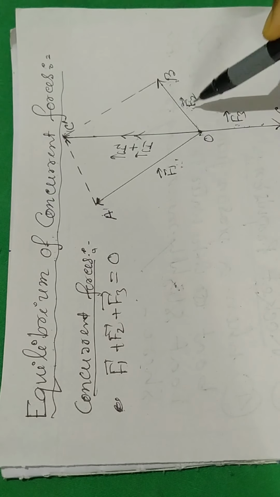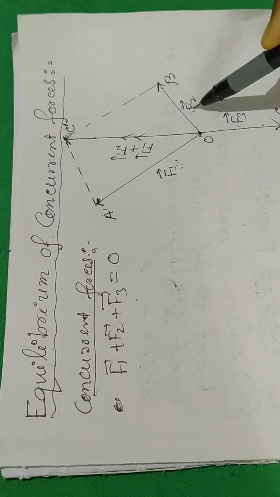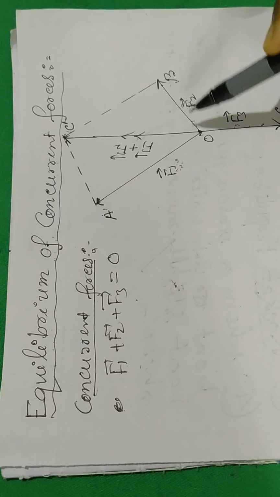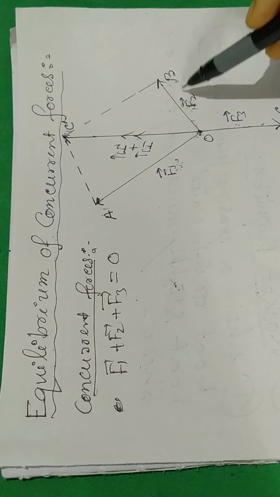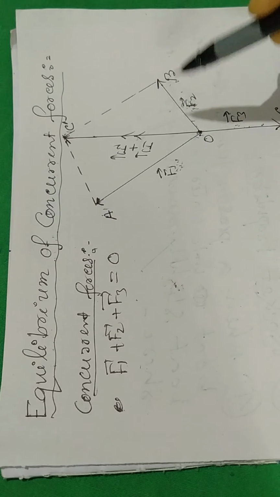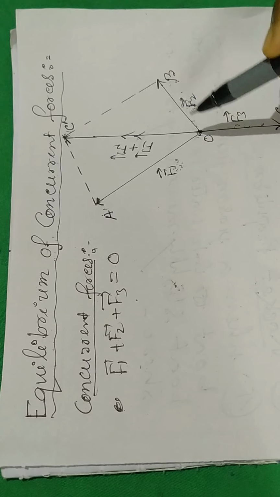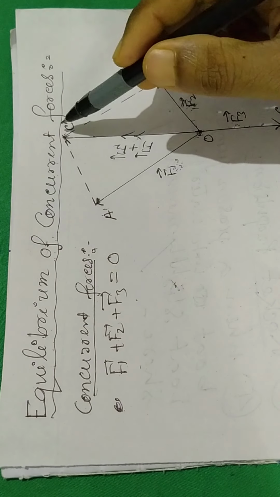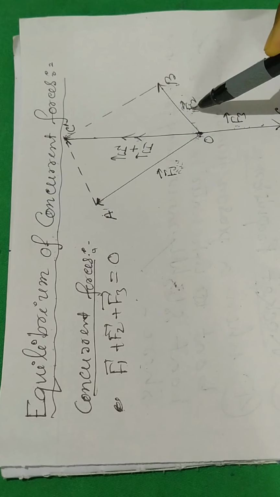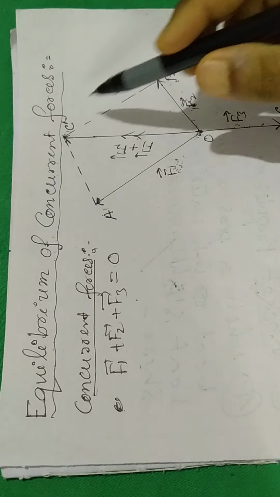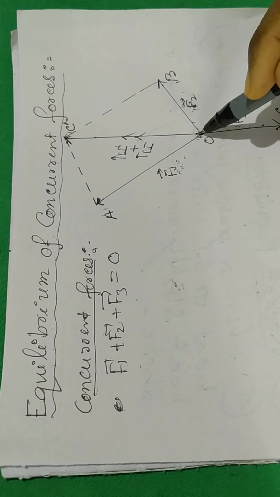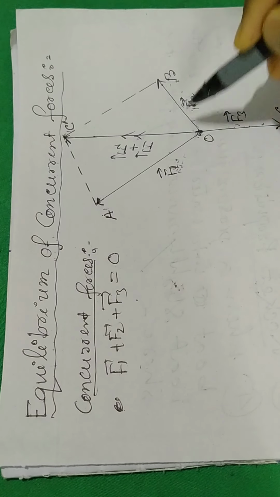So here F1 and F2, these two vectors, represent the two sides of a parallelogram and act at a single point. Then the resultant of F1 and F2 is represented by the diagonal passing through that point. So the resultant of these two vectors is OC dash. So diagonal OC dash gives the resultant of F1 and F2.